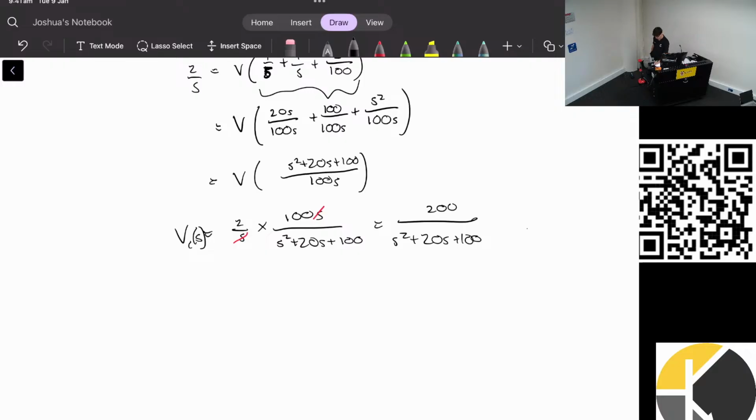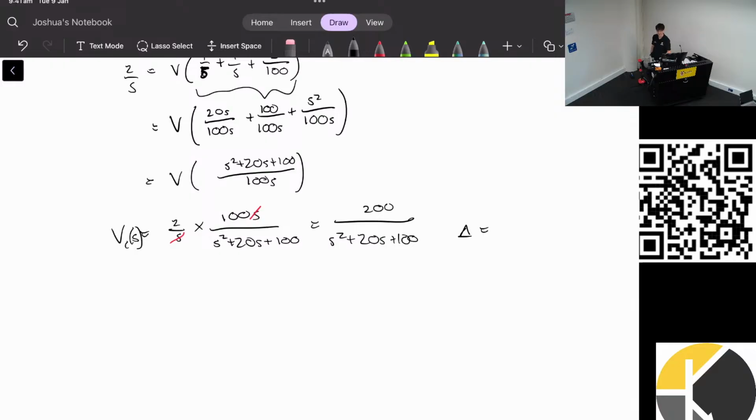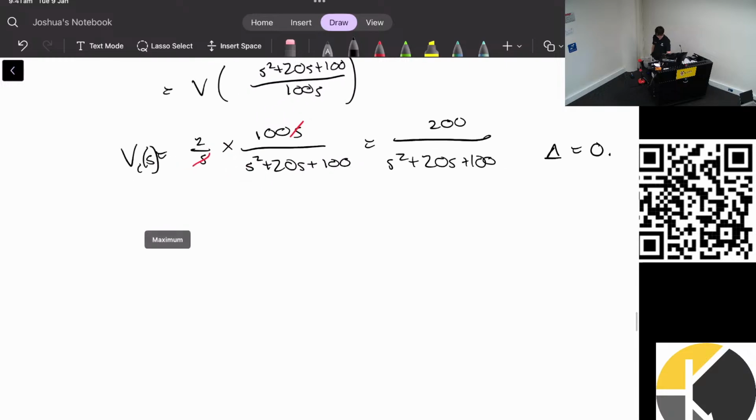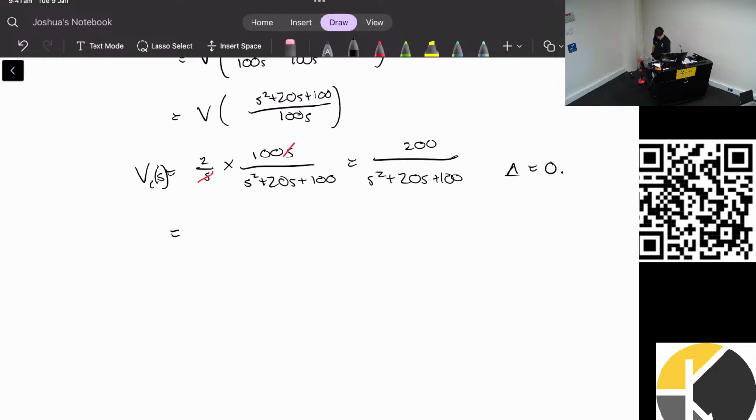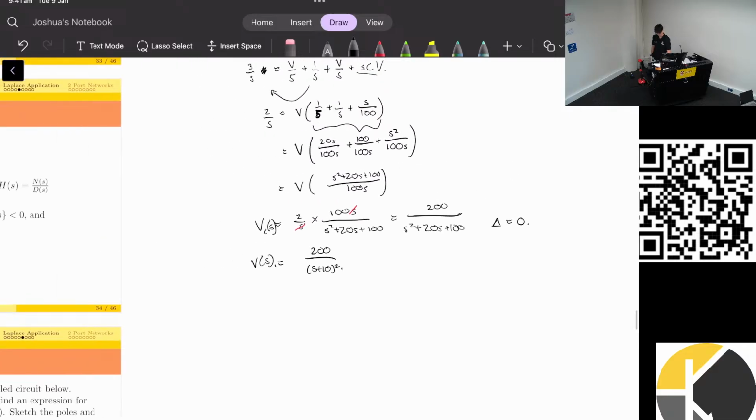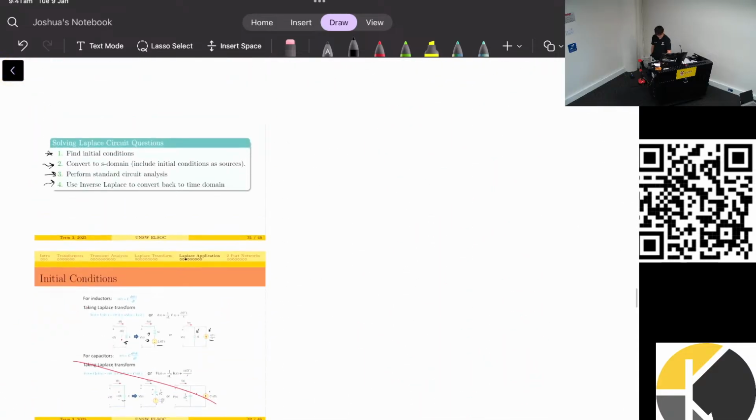I'll check the determinant to see if I can factor this. Yeah, it is. The determinant is 0, so it's critically damped, so this is going to be S plus 10 squared. Very good. So 200 on S plus 10 squared. Then going to my properties again.